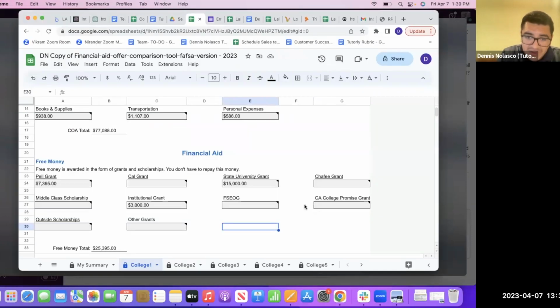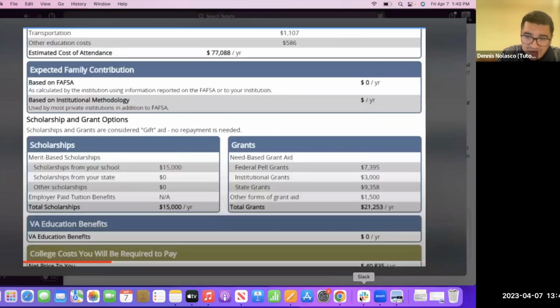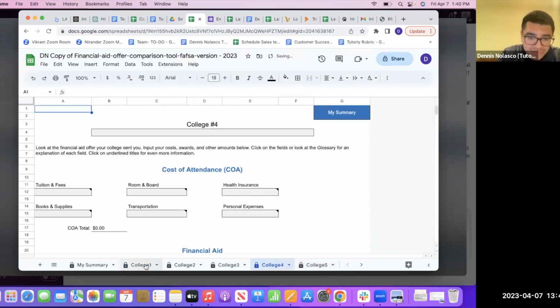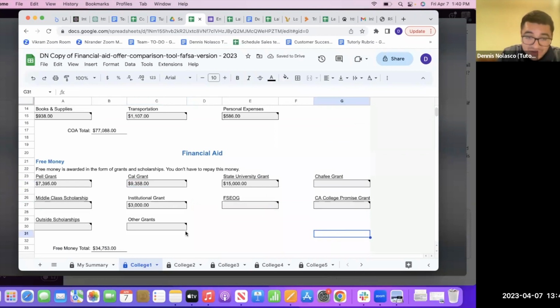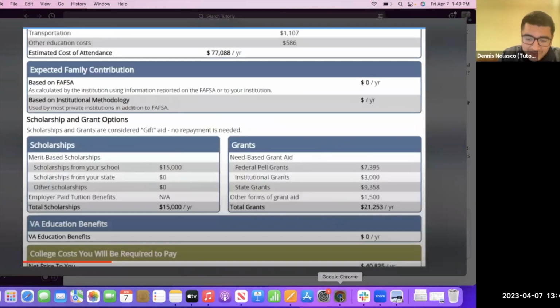We could put that somewhere else, like Cal Grant. We could put that here. We've already got $34,000 in free money here. And then other forms of aid, we're going to put 1,500.